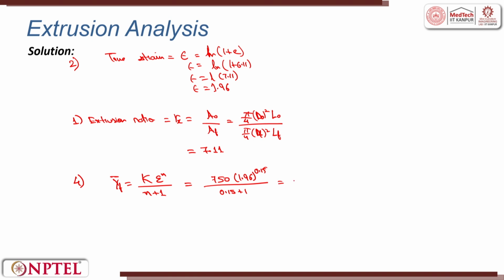This value comes down to 721 megapascals. This is also denoted by sigma naught.